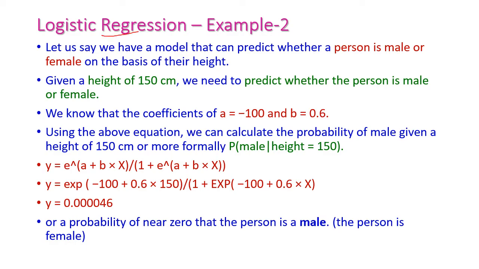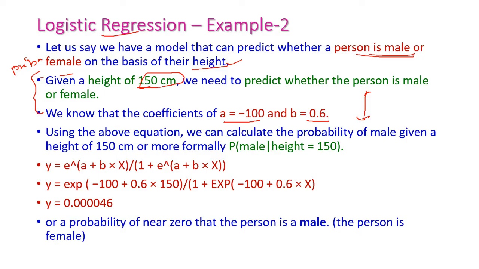Now let us see another example for this logistic regression. We need to predict whether the person is male or female based on the given height. The given height is 150 centimeters, the a value is minus 100, and the b value is 0.6. These values are given in the problem itself. With these values we try to predict whether the person is male or female.